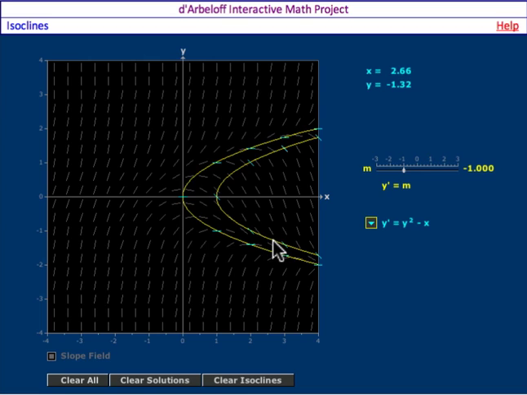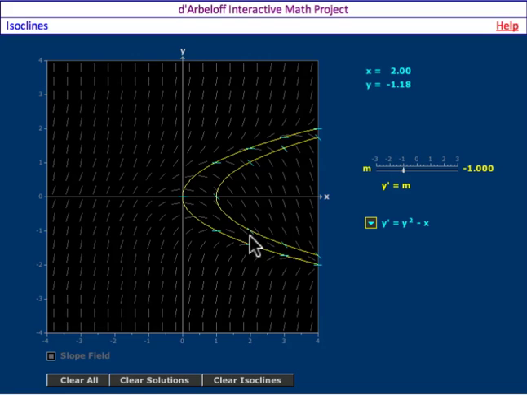But when it crosses it, it also has to cross it with slope -1, because this is the m equals -1 isocline. But the slope of this yellow parabola is bigger than -1 along here, and so the solution curve can never cross it.